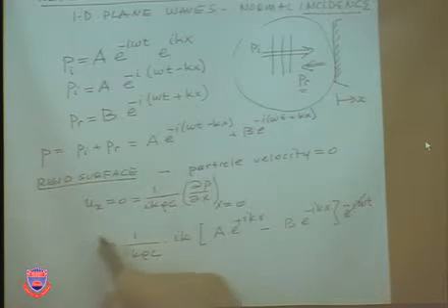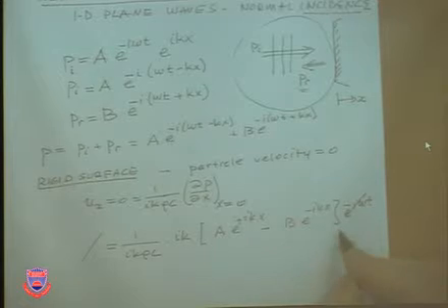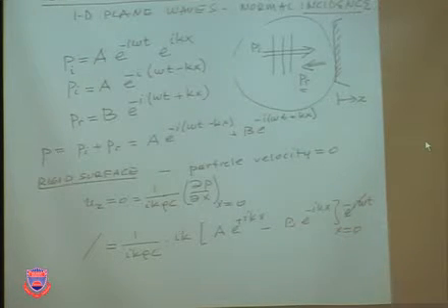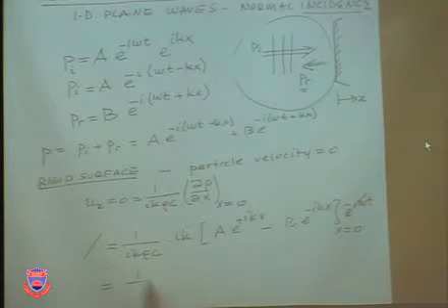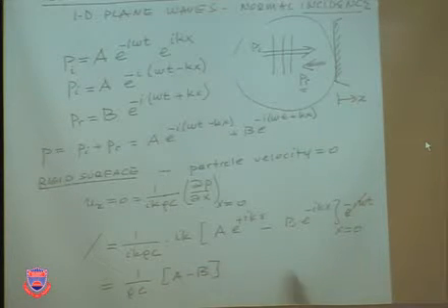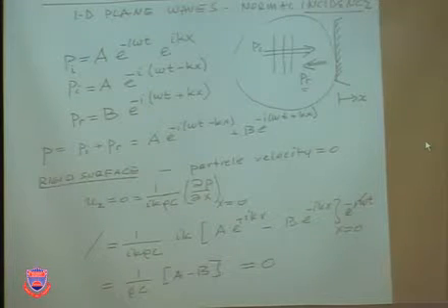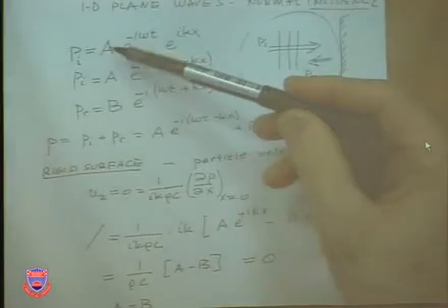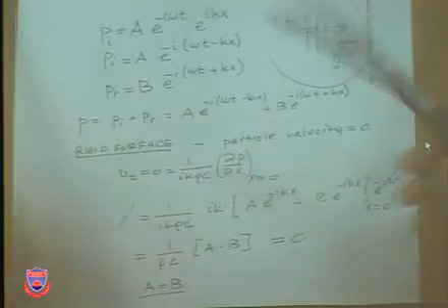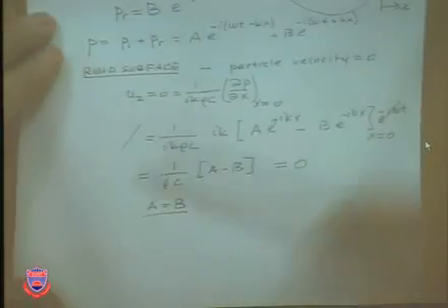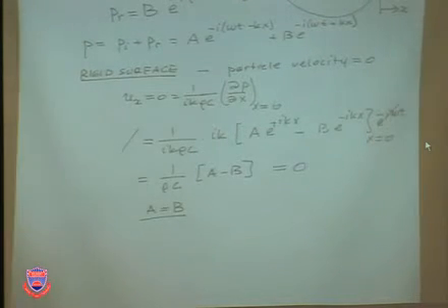This is common on both sides, and evaluate this at x equals 0. You have 1 over rho c times (A minus B), because particle velocity at the surface is 0, and this then suggests that the amplitudes of incident and reflected waves are exactly the same.